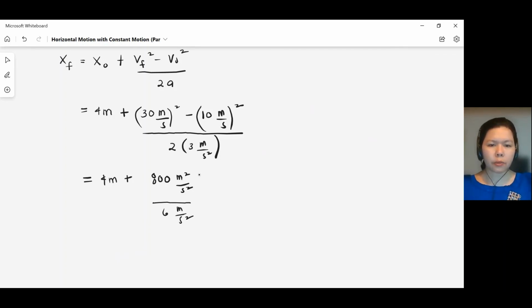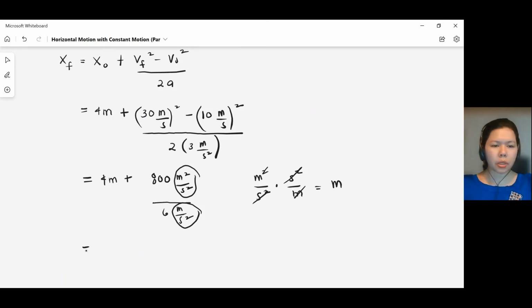And so let me work out first the unit. We have meter squared over second squared divided by meter per second squared, or meter squared over second squared times the reciprocal of the denominator, meter per second squared, is second squared over meter. Cancel second squared, meter squared over meter. We are left with meter, which is correct. We can combine this one with the 4 meters.